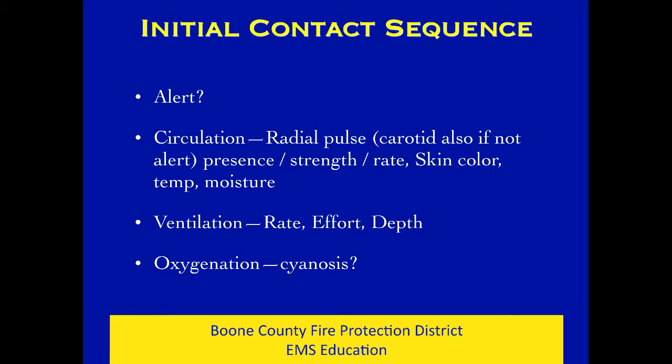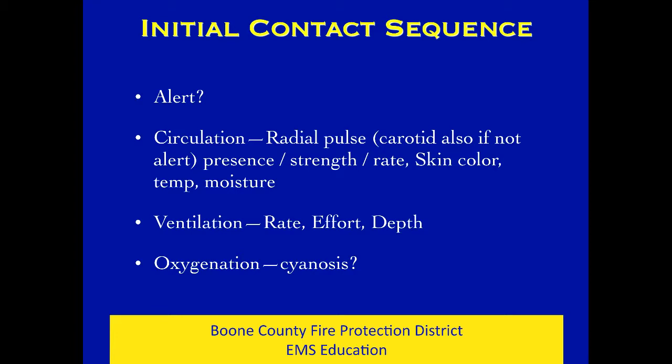So a circulatory assessment, a quick initial contact circulation assessment, involves radial pulse. Is it there or not? How strong is it? What rate is it? Way slow, okay, way fast. And then skin color, temperature and moisture, skin condition. This gives you a great idea of whether this person is perfusing adequately or not.